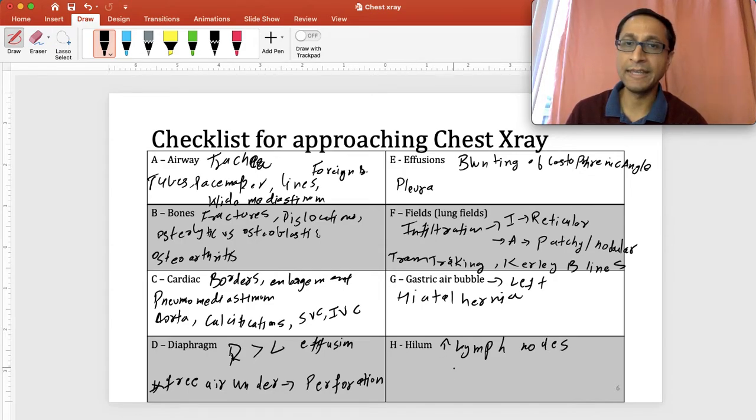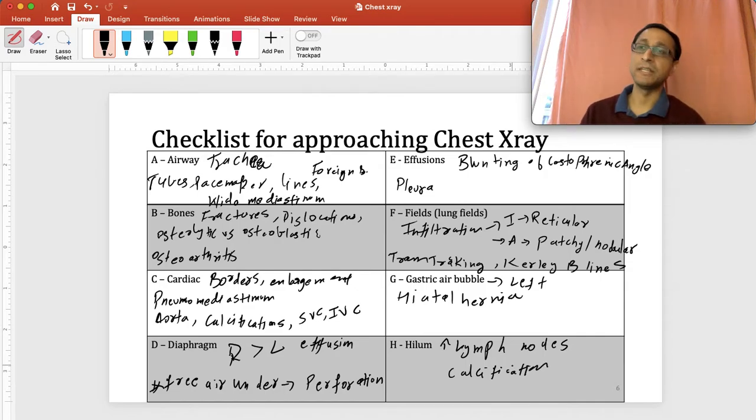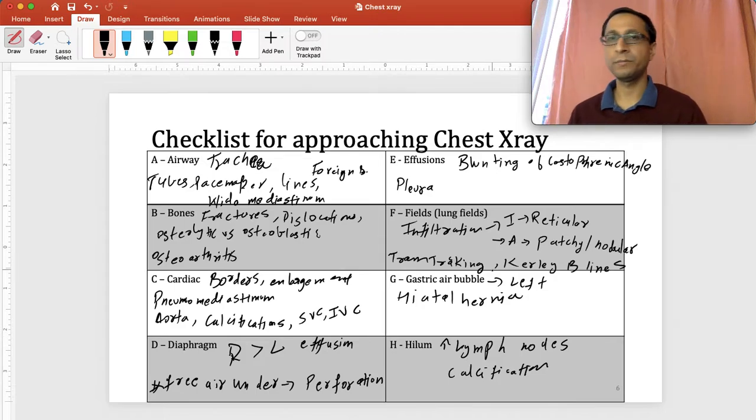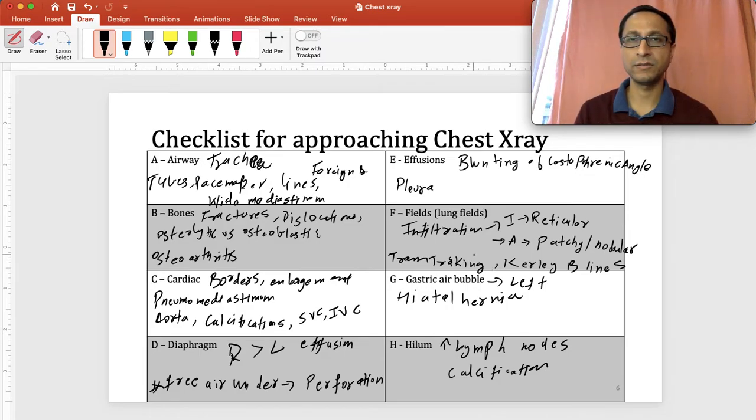Second thing, any calcification of those same lymph nodes. So any calcified nodules, any mass lesions, any tumors, any cancers, any of those you can find over here. All right, so here we have our basic checklist for approaching chest x-rays.